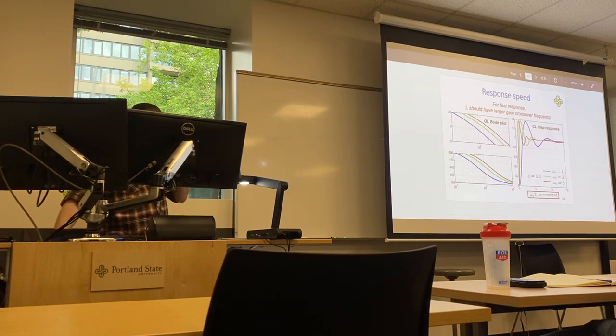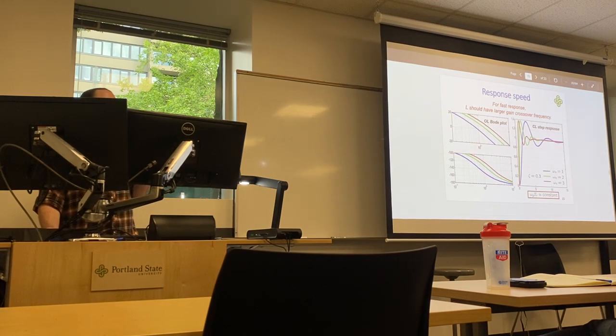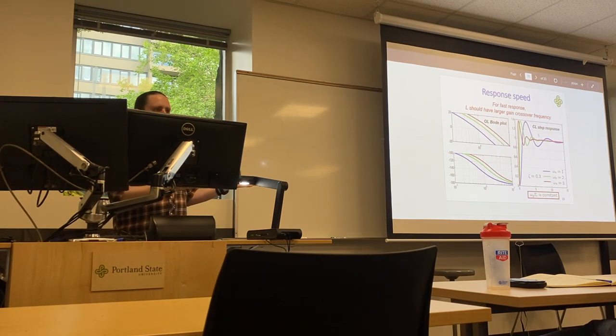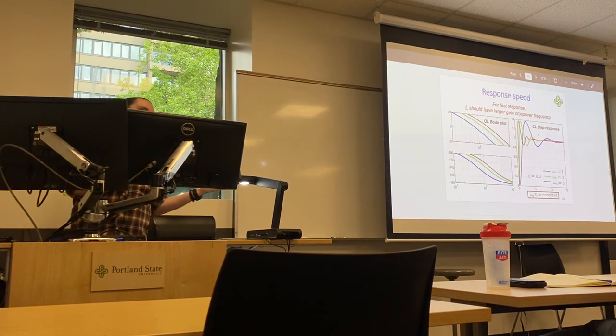So if I asked you a question about how to improve our response speed, the answer would be we want a larger gain crossover frequency. If you remember from about an hour ago, we chose that 5 kilohertz when we did our design for that phase boost.